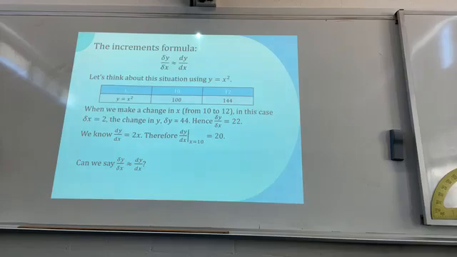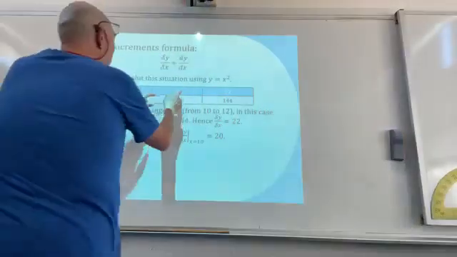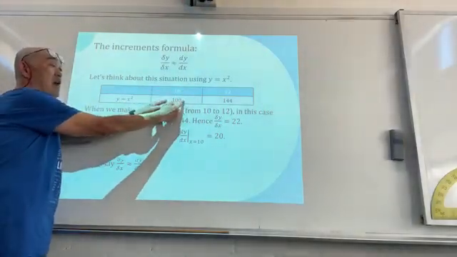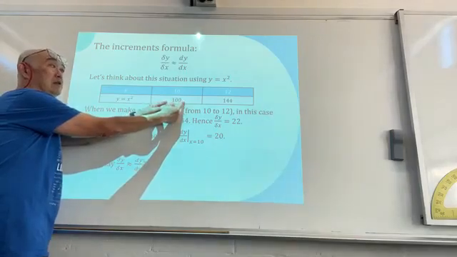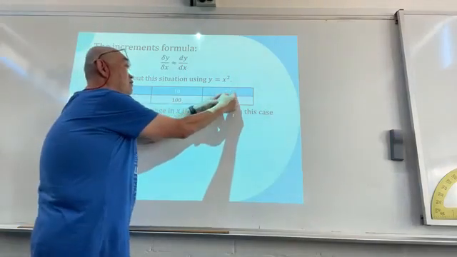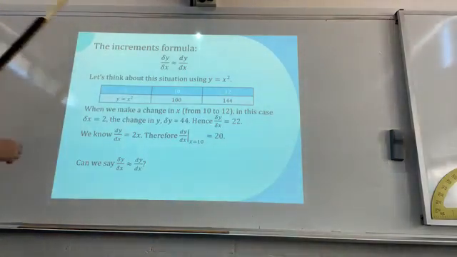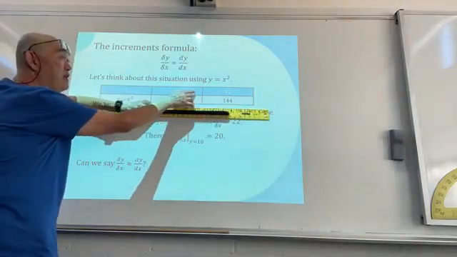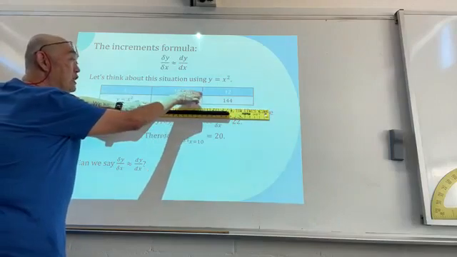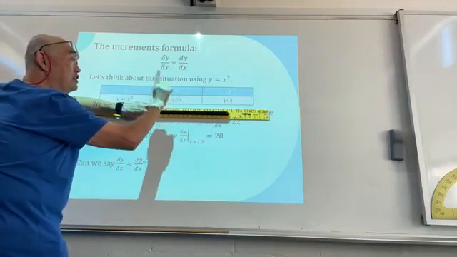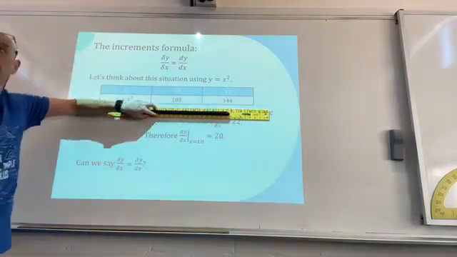Let's think about the situation using y equals x squared. If we have x equals 10, f(x) is 100, correct? Now if we have x equals 12, f(x) is 144. What we have done is we have changed x. The change delta x is 12 minus 10, which is 2.